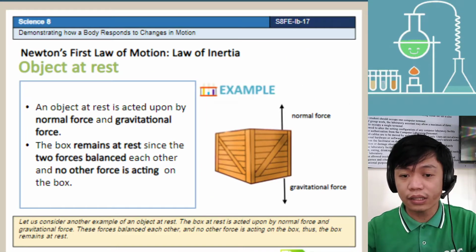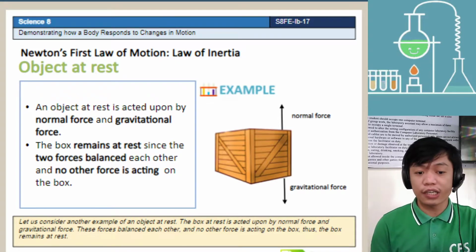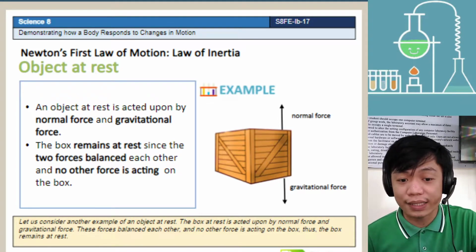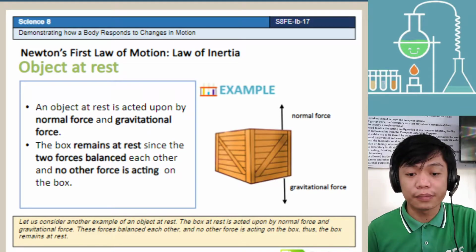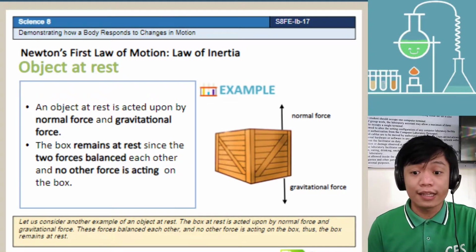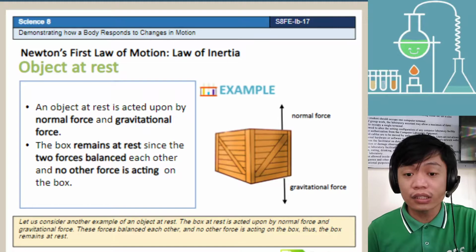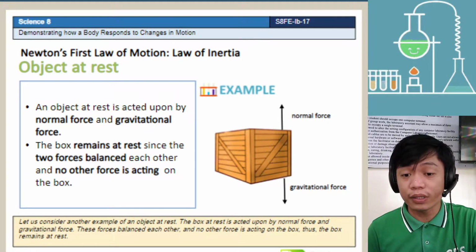So let's continue. Let us consider another example of an object at rest. The box at rest is acted upon by a normal force and gravitational force. Take note that we have different types of forces.